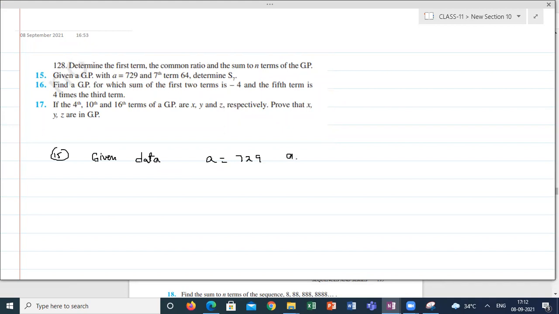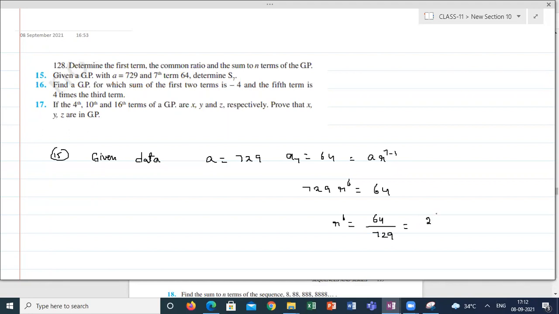A7 is 64, which is equal to A into R power 7 minus 1. So this will be 729 R power 6 is equal to 64. R power 6 is equal to 64 by 729. Calculate how much you will get.